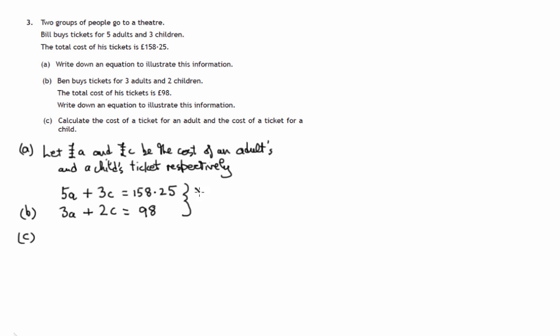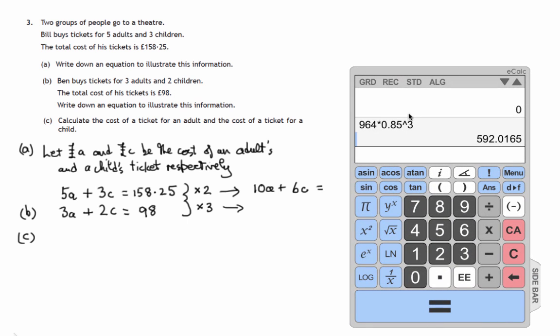I would think the easiest thing is to double all the quantities in the first equation and treble all the quantities in the second equation.